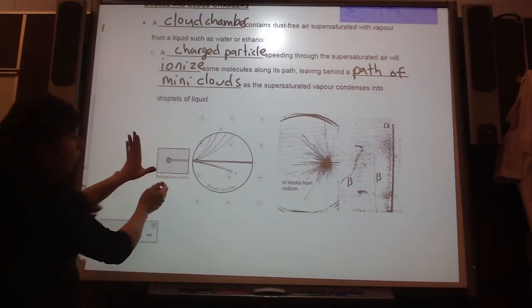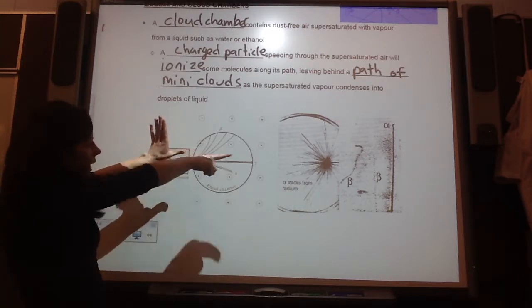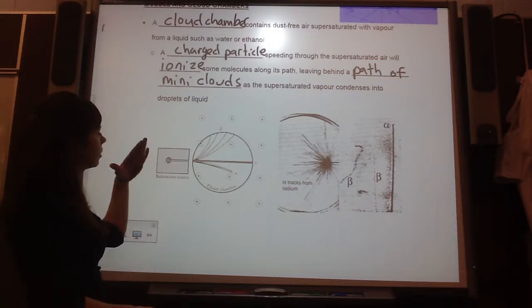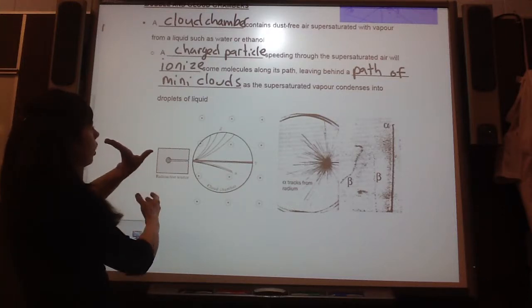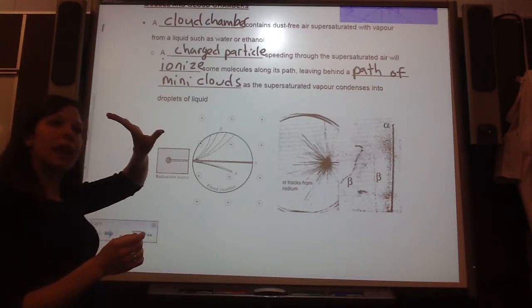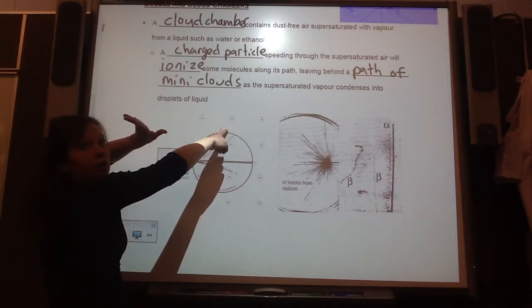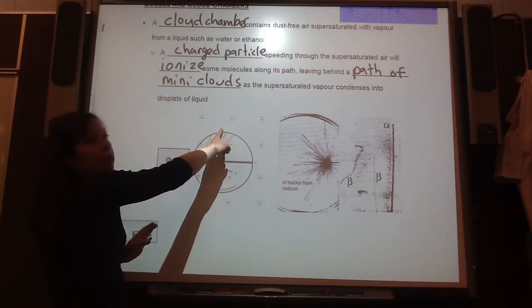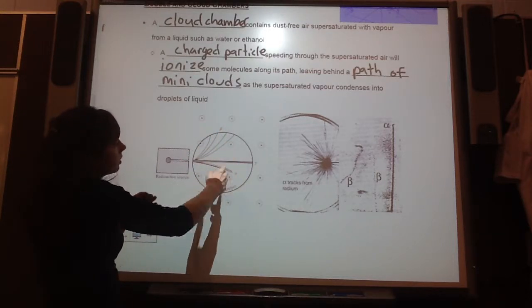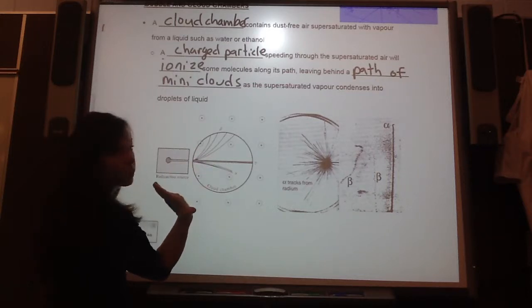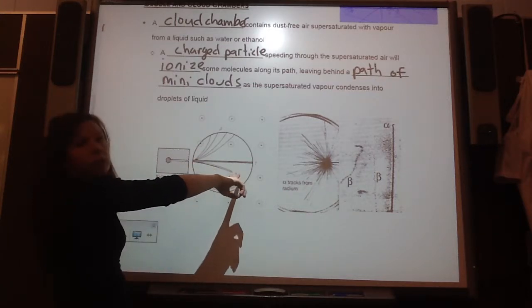So if it's coming out, with our thumb going that way, that's the direction of the charged particle, coming out towards us. If I'm using my left hand, the things being forced up would be negative, so this would be a beta negative. If I had used my right hand, the things being forced down are positive, so this one would be alpha.